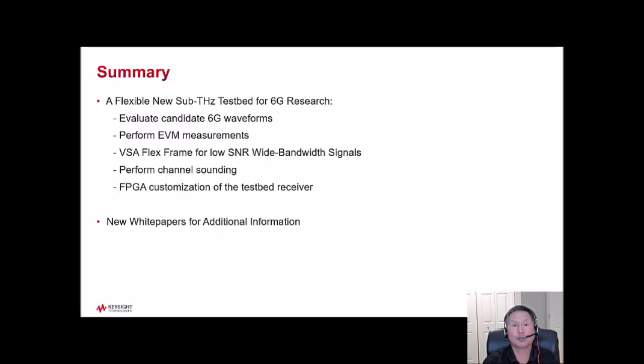It provides flexibility in evaluating candidate 6G waveforms, performing EVM measurements with up to 10 GHz of channel bandwidth, a new VSA Flex Frame demodulation capability for more robust EVM measurements in low SNR environments, being able to perform channel sounding measurements, and finally, flexibility in being able to perform FPGA customization of the Sub-Terahertz testbed receiver.